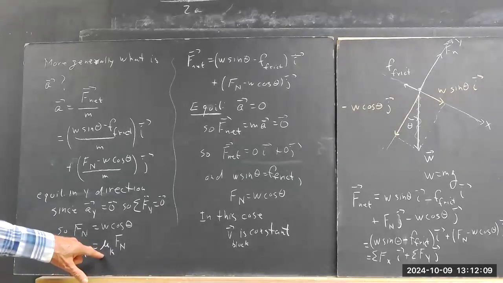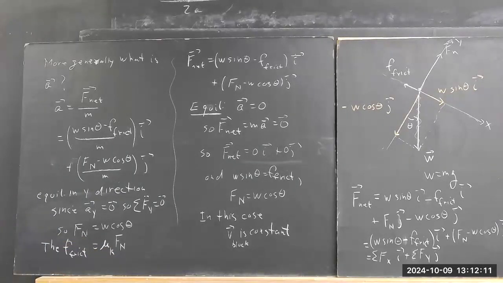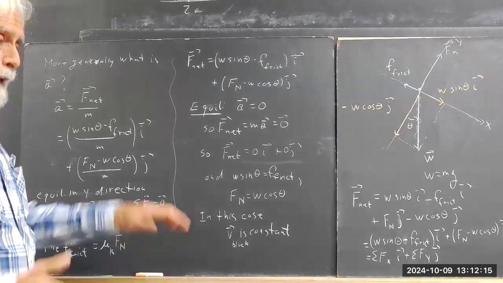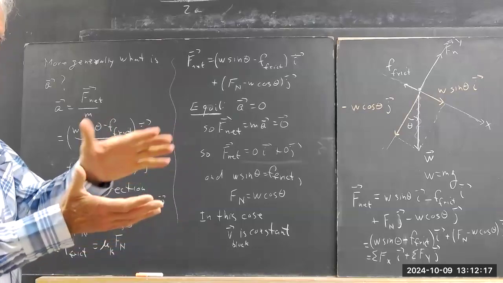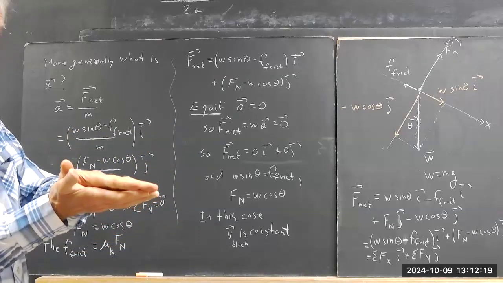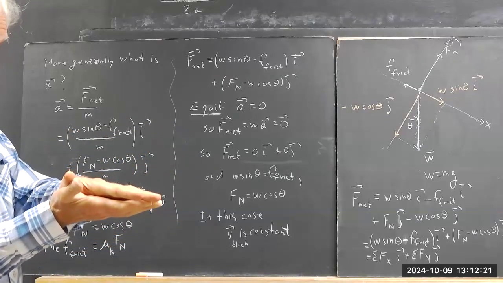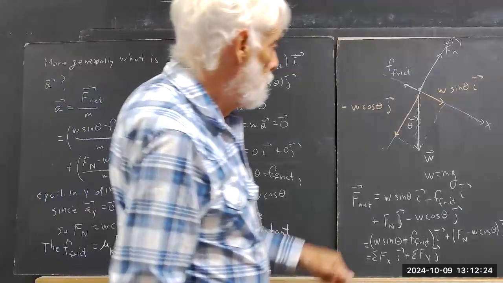Then your force of friction is mu k times Fn, your normal force. And that's just the principle of friction. Friction comes when you got two surfaces that are pushed together. Okay. So what's happening?